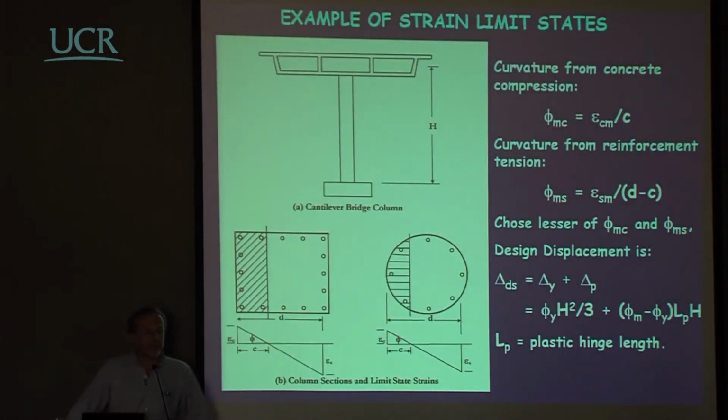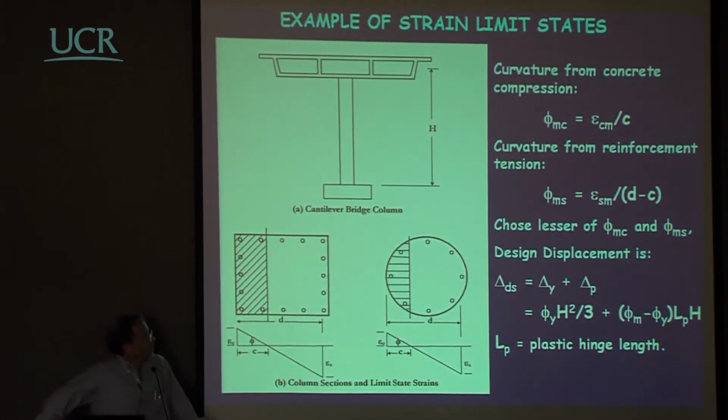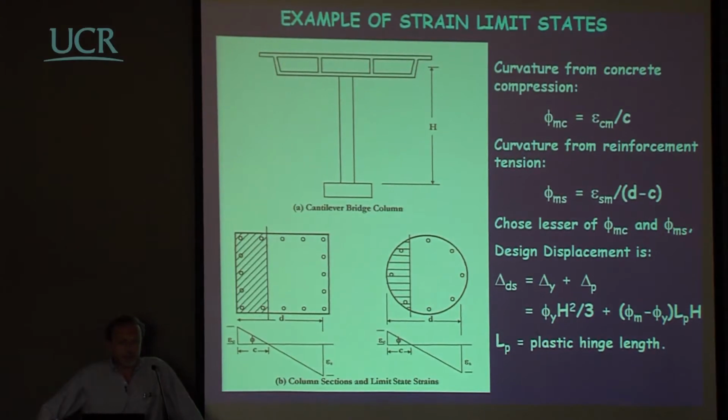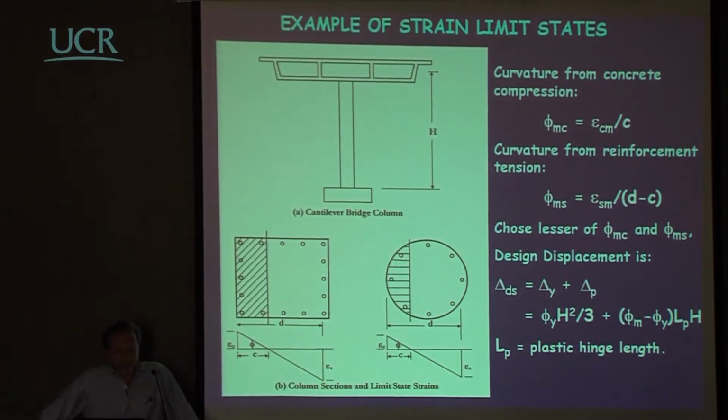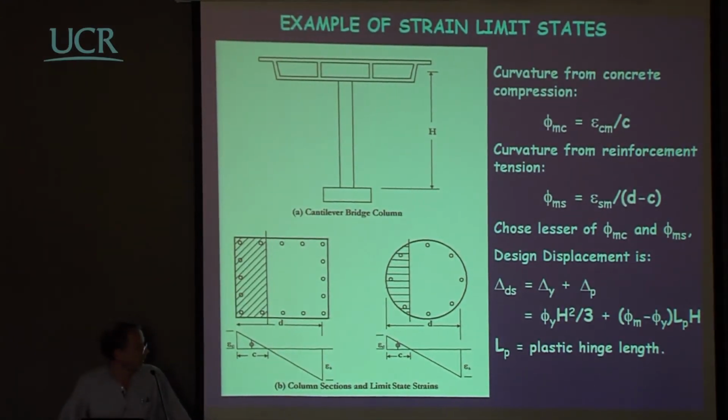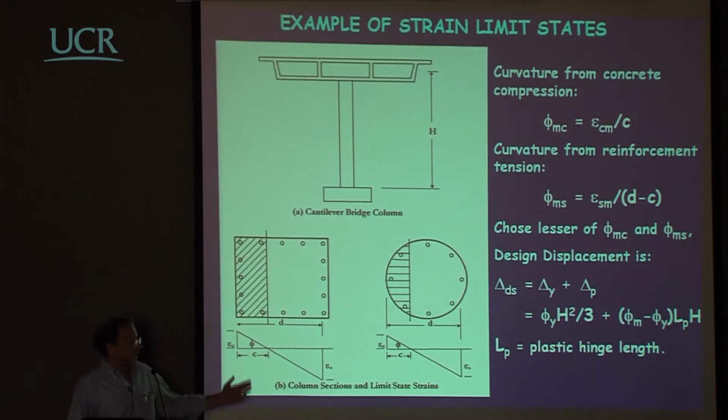If we look at a simple example like that of a bridge column like this, it's very easy to recognize that if you look at the strain at the base of the column, at the critical region of this column, you are going to have a certain elongation on one side and a certain shortening on the other side.